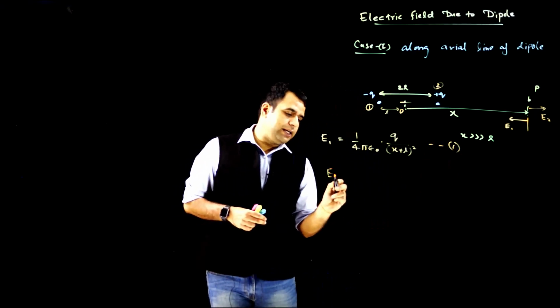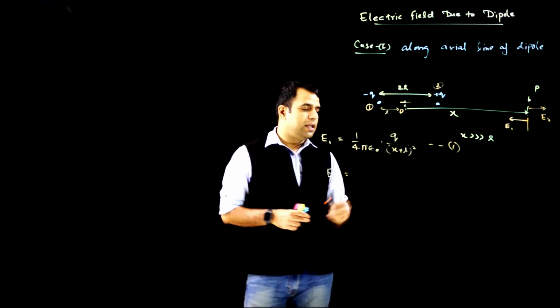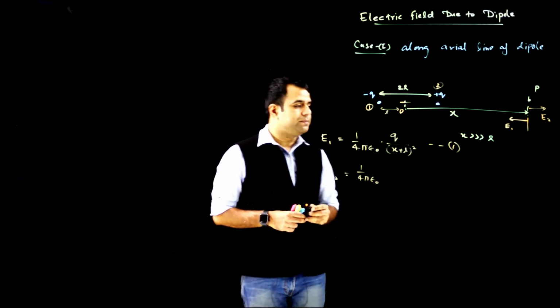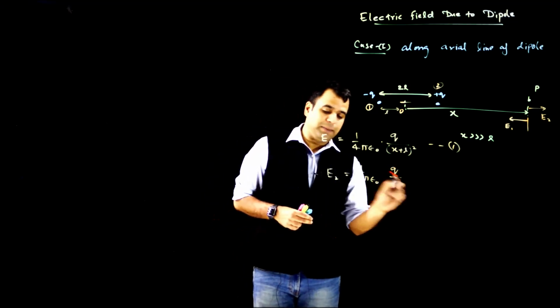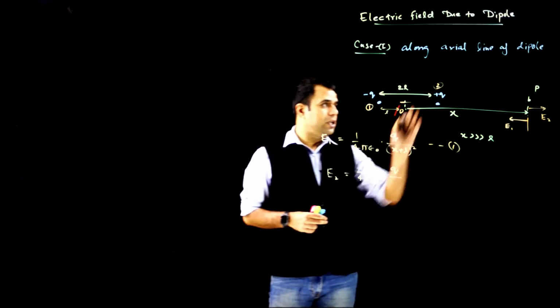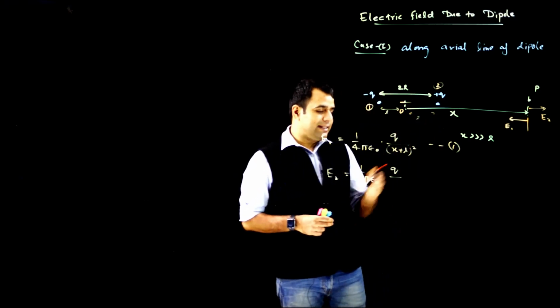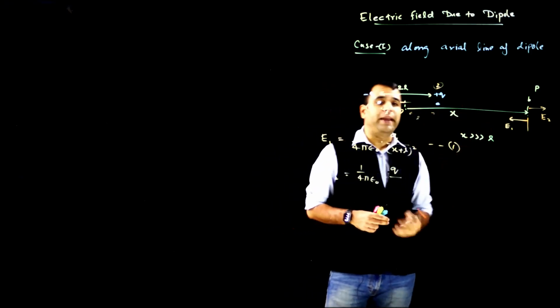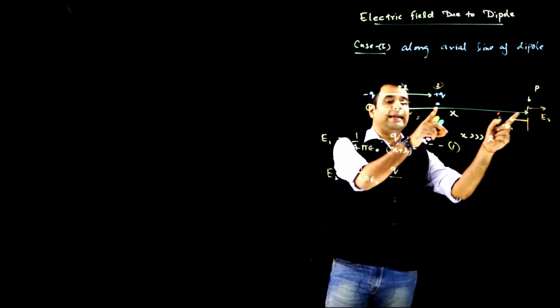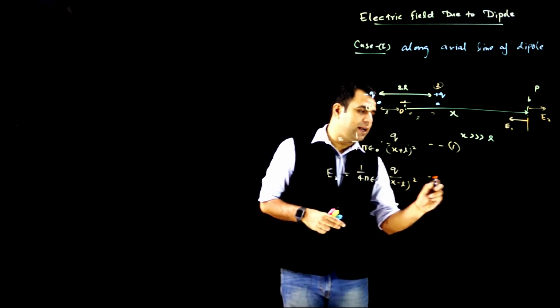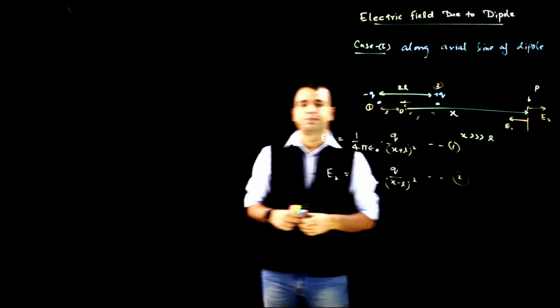Now let's calculate E2. E2 is 1 upon 4 pi epsilon naught, q. I'm calculating the magnitude only right now. This distance is again L, so the distance of point P from the charge q will be x minus L, whole squared. That is equation 2.